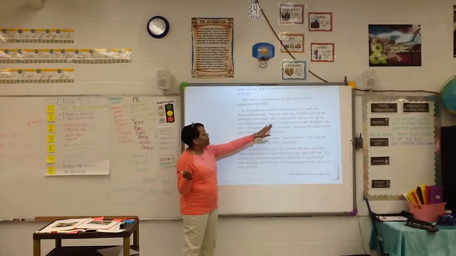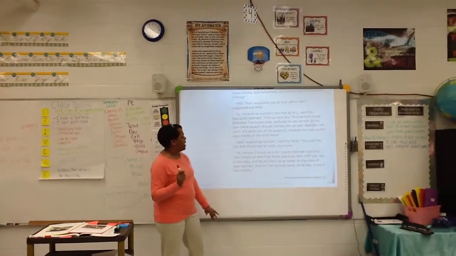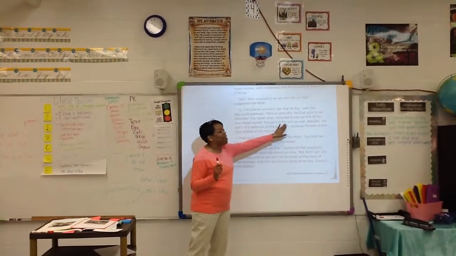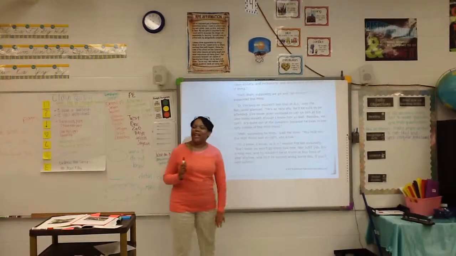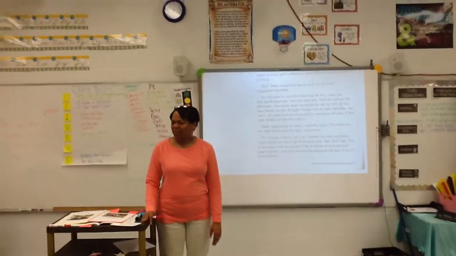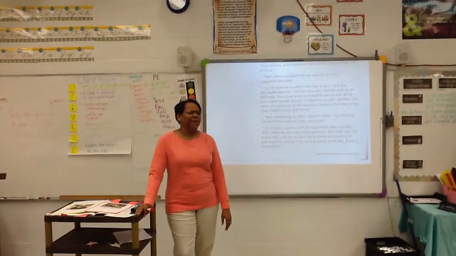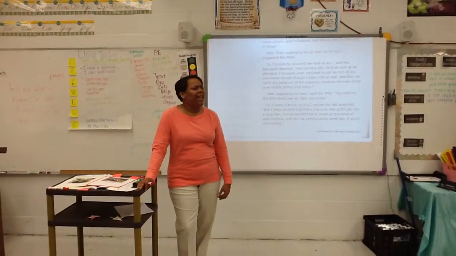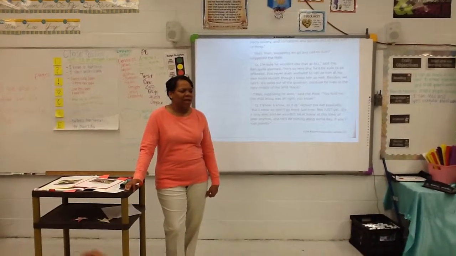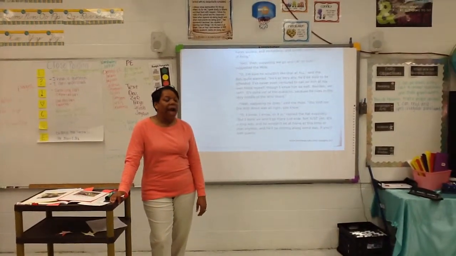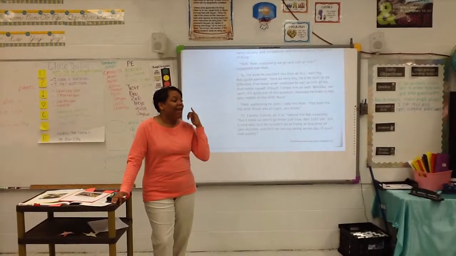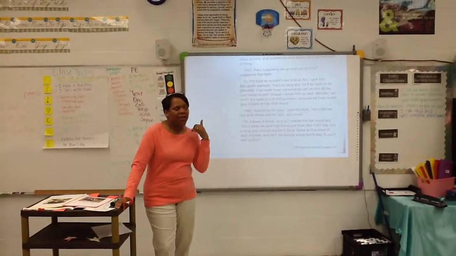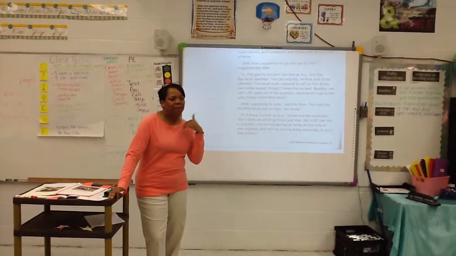"I've never even ventured to call on him at his own home myself, though I know him so well." He keeps saying that he knows Badger well. Do you think he knows Badger well? No. I don't think he knows Badger either. Because if I knew someone and they were my friend, I would just simply call him and say, "Hey, so-and-so wants to meet you. Why don't you come on down and play with us?"